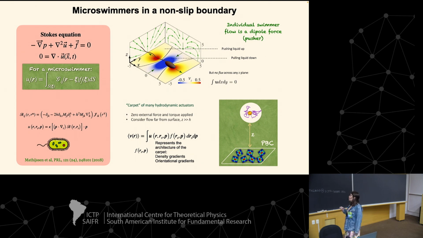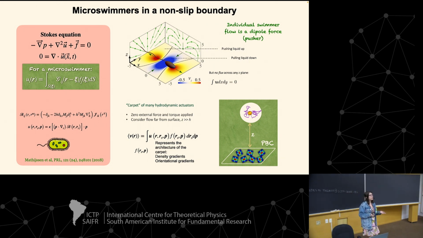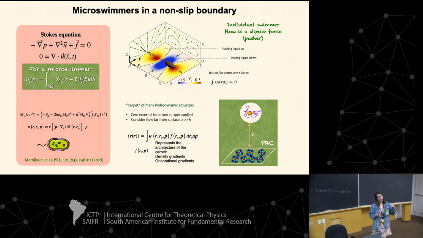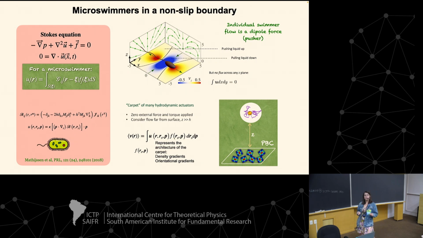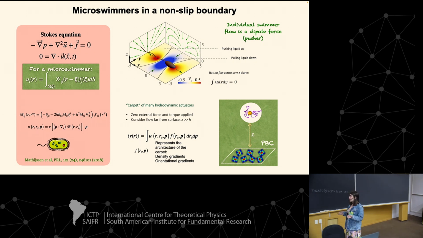In this stage, we will consider two general cases for our carpets. We will consider active carpets that have density gradients, in the sense that they are not homogeneously moving in the surface. So microswimmers are doing self-organized movements. And also we will consider the case when we have orientational gradients between microswimmers.